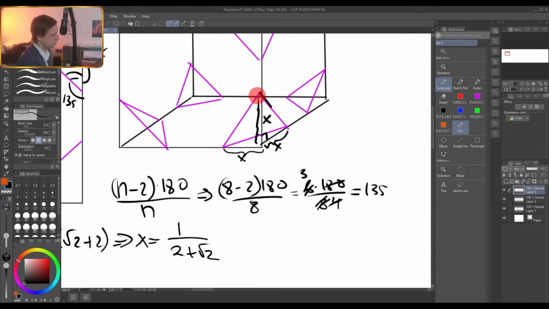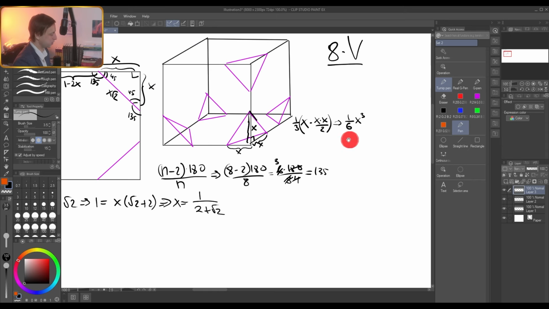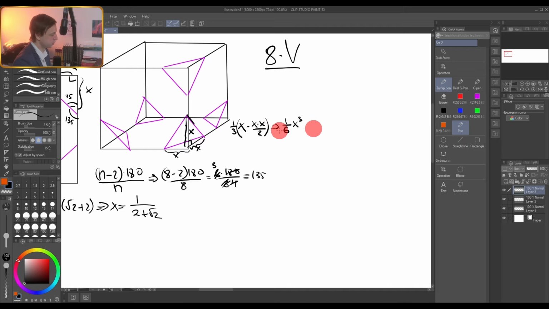You just need to multiply this altitude, x, times the area of the triangle on the bottom, which is x times x over 2, because it's a right triangle here, and don't forget 1 over 3, this coefficient for the volume. So the volume is 1 over 6 x cubed.